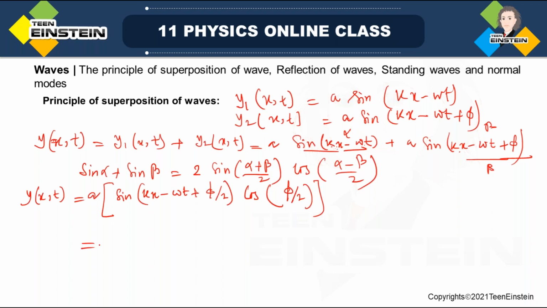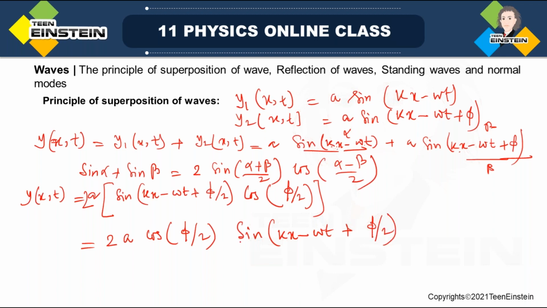So what we get from here, obviously there will be a 2, so 2a cos of phi by 2 into sine of (kx minus omega t plus phi by 2).